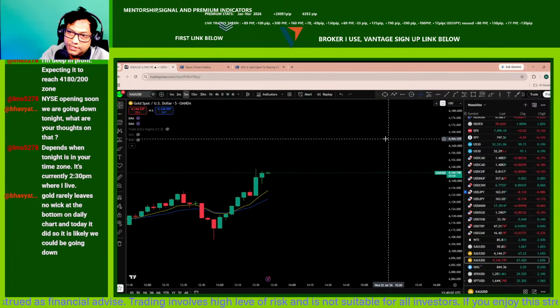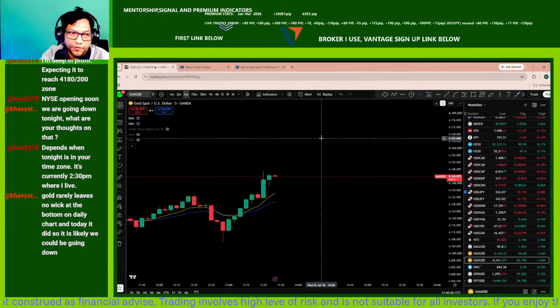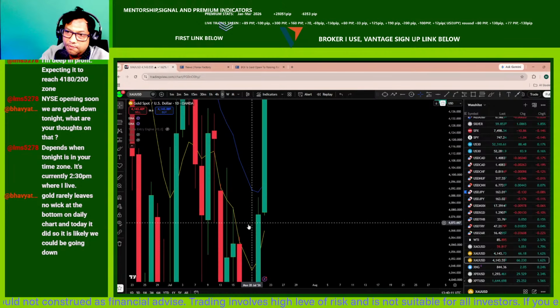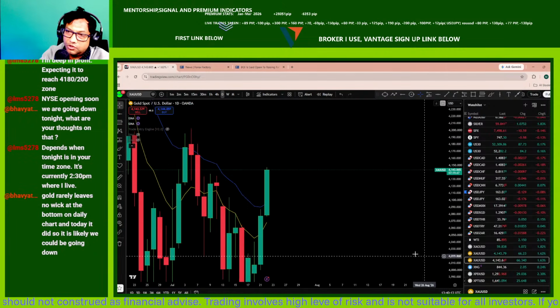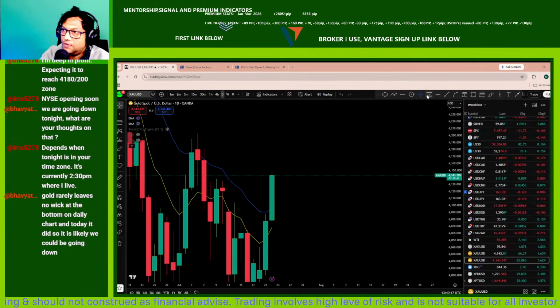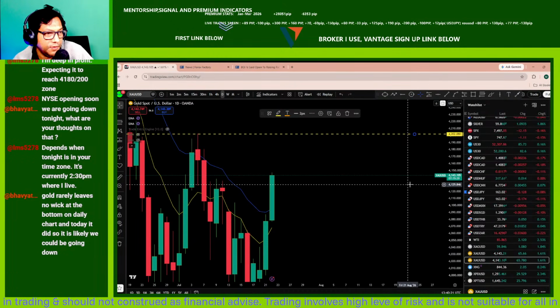Usually with gold, if you look at it overall and see there isn't any wick at the bottom, that's buying pressure. So it could be potentially heading back to the key level. Okay, so that might be.